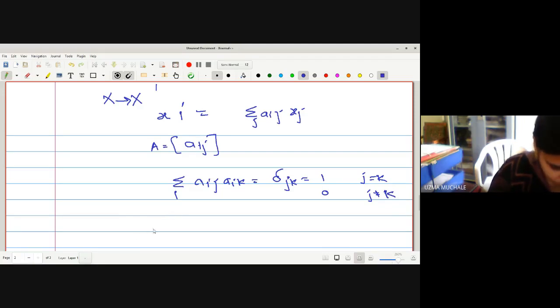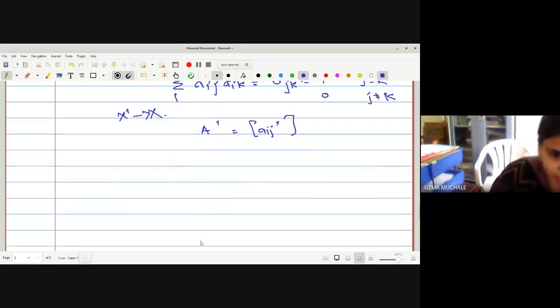Now let us write down another transformation, that is a transformation from x dash to x. In that we will get a matrix A dash, which is aij dash. Okay, just now we have proved A into A dash is equal to the identity matrix.